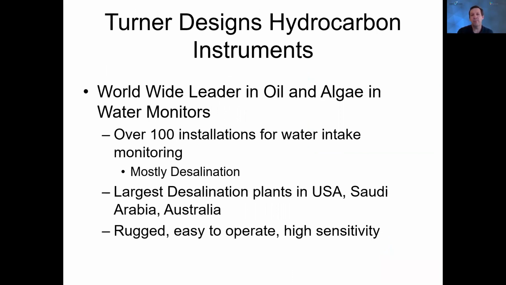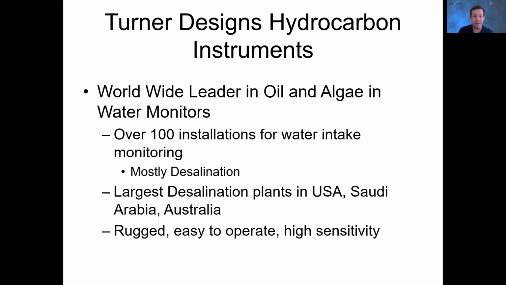So just a real quick background on our history in desalination plants. Our company as a whole has focused on industrial wastewater for our history, which is over 20 years. Though there are about 100 of our devices installed at various places around the world looking at intake water.